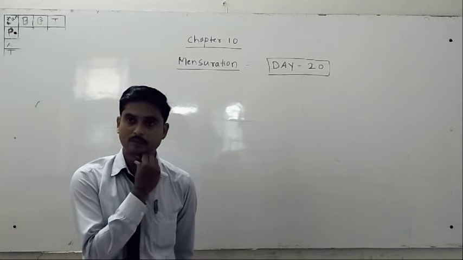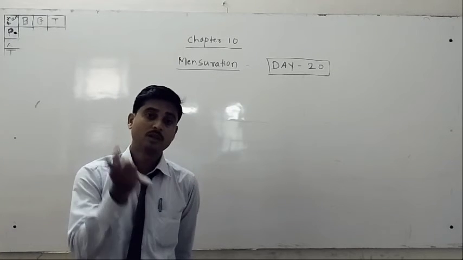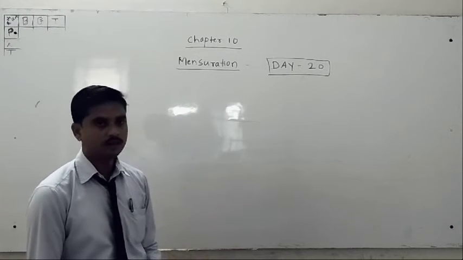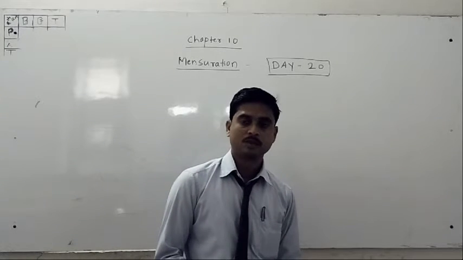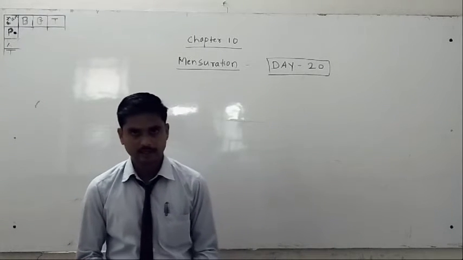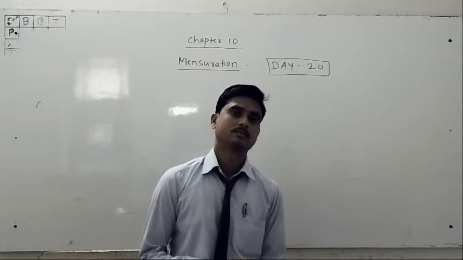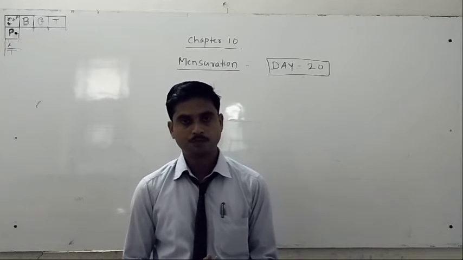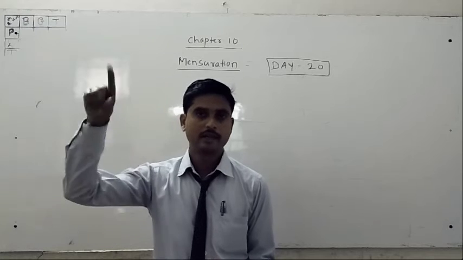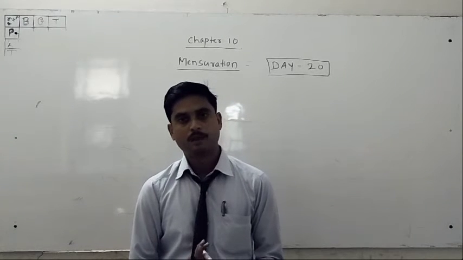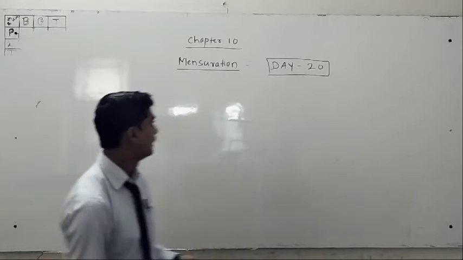Already we discussed the area of rectangle formula, and we solved some problems also. Yes or no? Then what is the area of rectangle formula? Area of rectangle formula: A of R is equal to length into breadth. This is the area of rectangle formula. Okay.